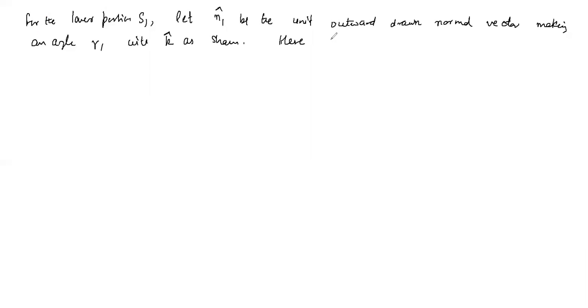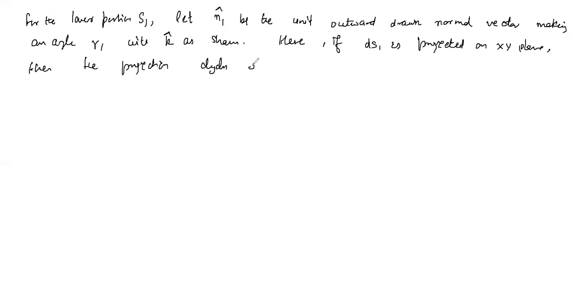So here, if ds1 is projected on the xy plane, then the projection dy dx of ds1 is given by dy dx is equal to cos of angle, इसमें कितना था, pi minus gamma 1 into ds1.